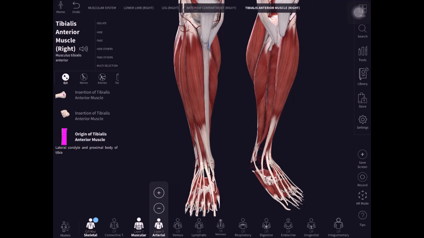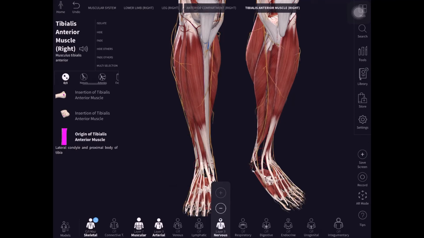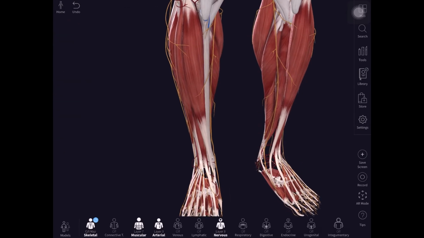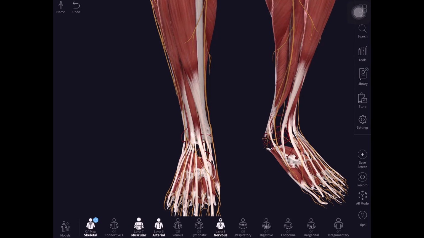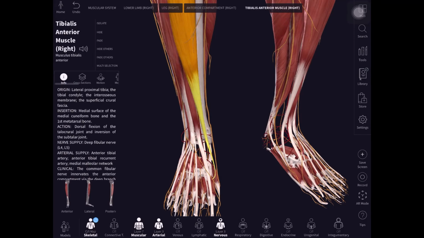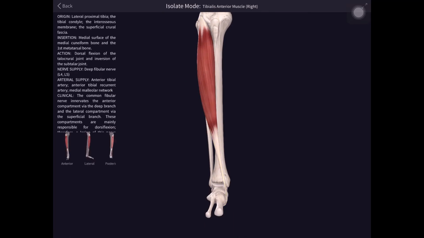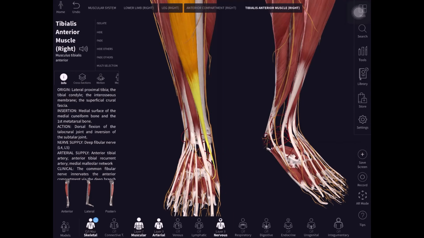So that is artery. I can add nerve also. Again if you see, the name appears, that is tibialis anterior. Isolate as tibialis anterior, or I can hide one.